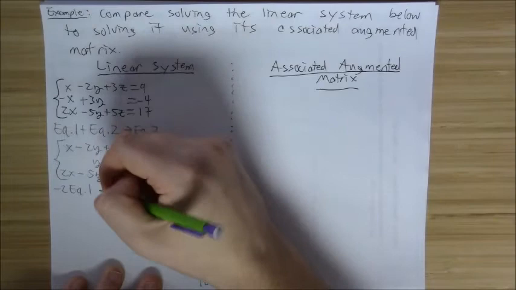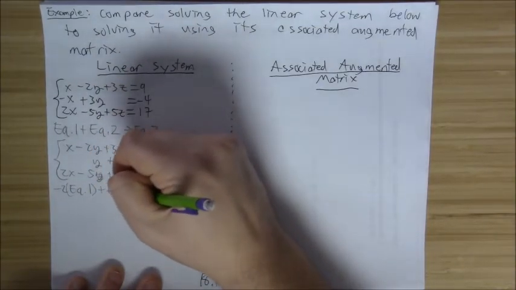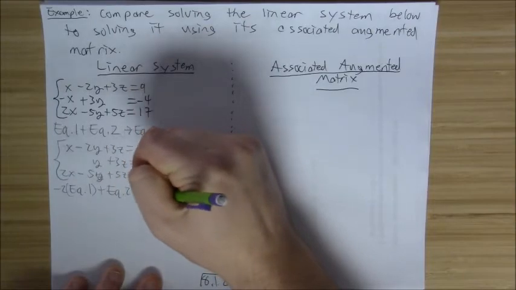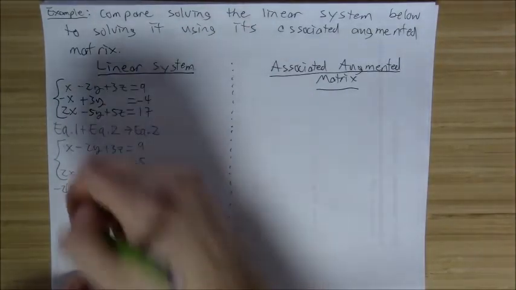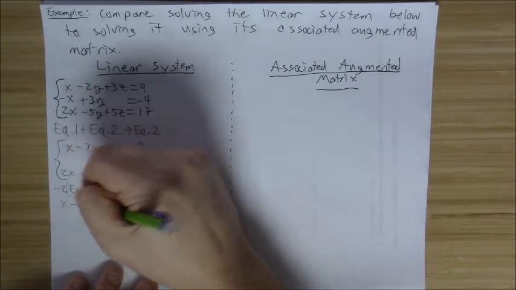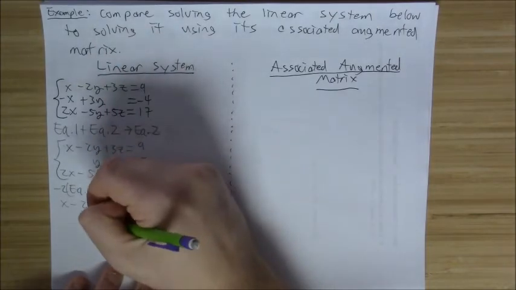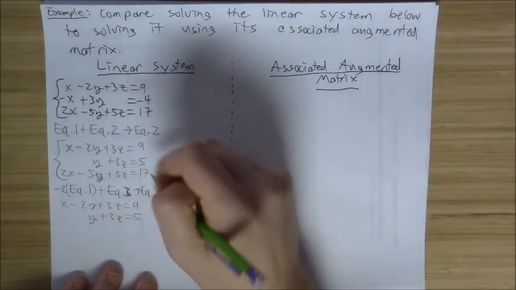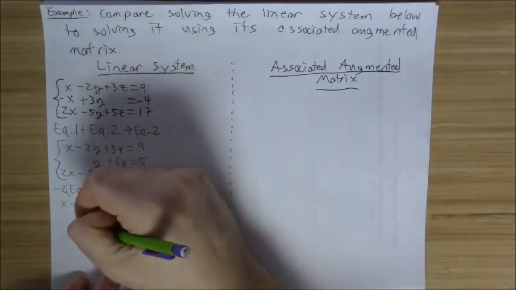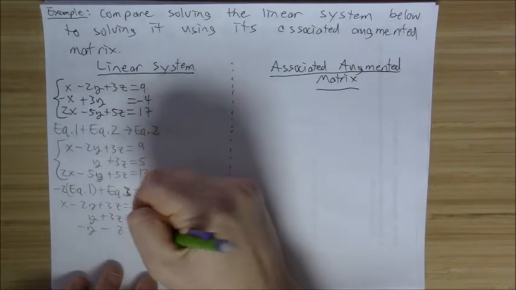So -2 times equation 1 plus equation 3 to get a new equation 3, we would have x minus 2y plus 3z equals 9, y plus 3z equals 5, and then now we'll have -y minus z equals -1.